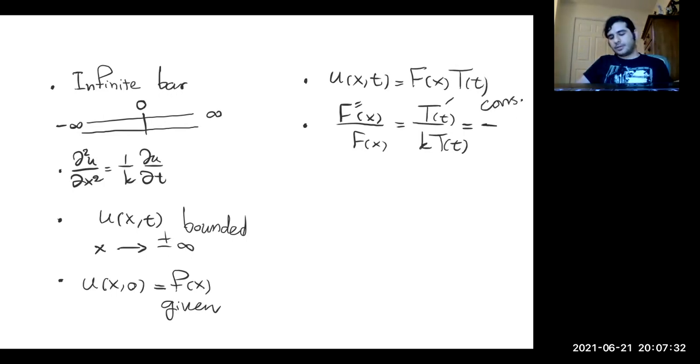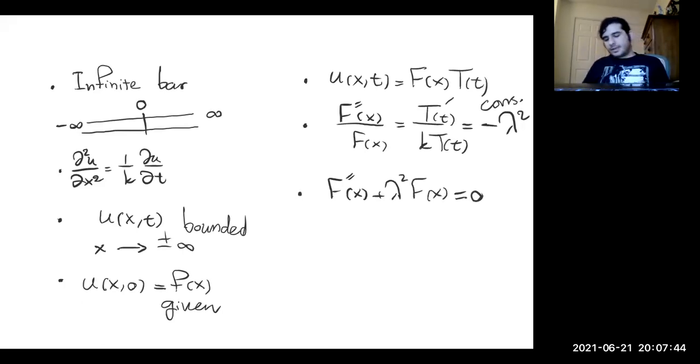Again, we can show that. So these things don't change, right? And we get the same equation. Now, we solve this equation just like we did before. We get c1 cosine lambda x plus c2 sine lambda x.